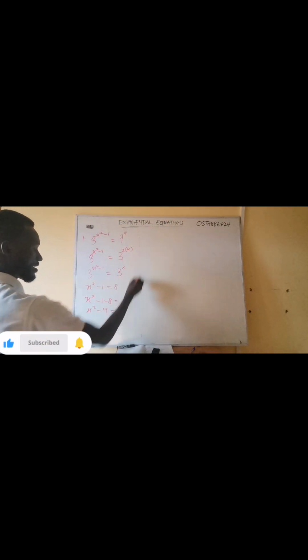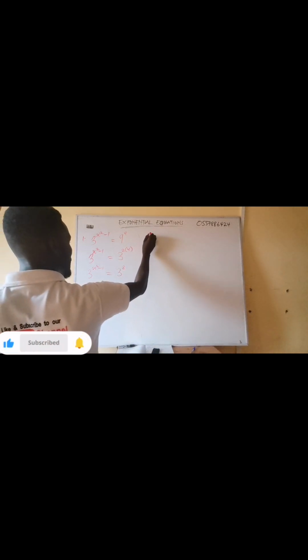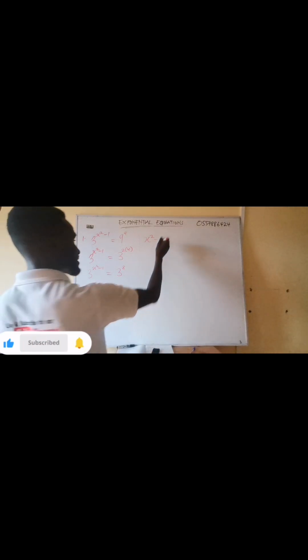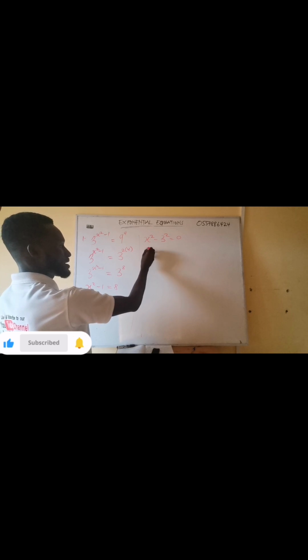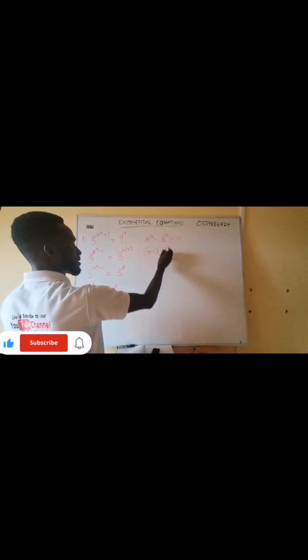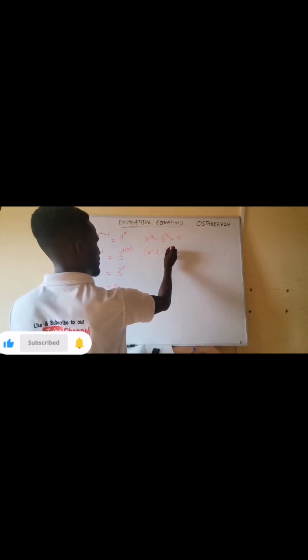From here, this is a difference of 2 squares because we have s squared minus 9, and 9 is the same as 3 squared. So we add the base, then we subtract the base.